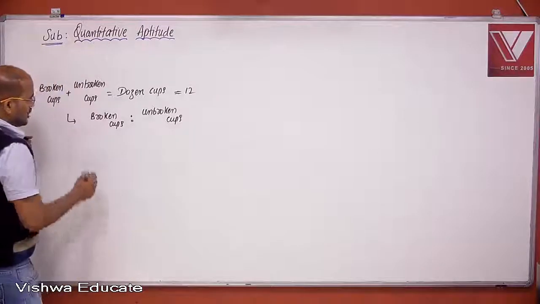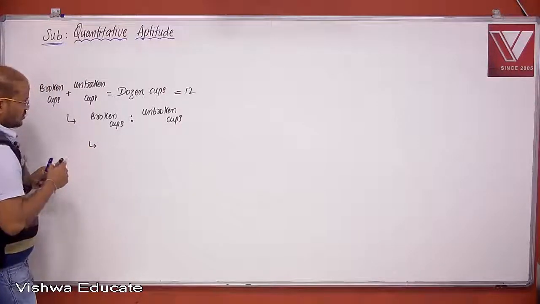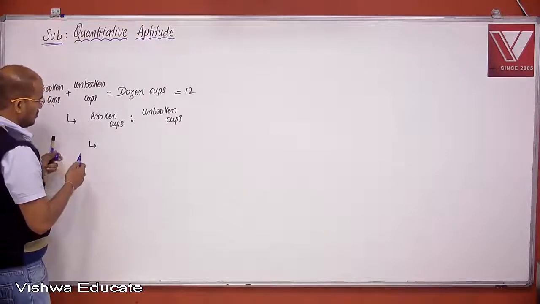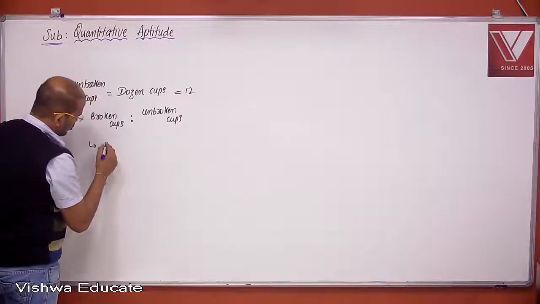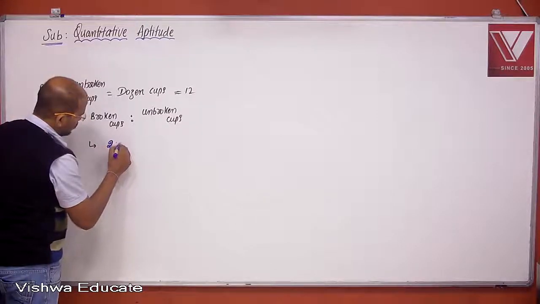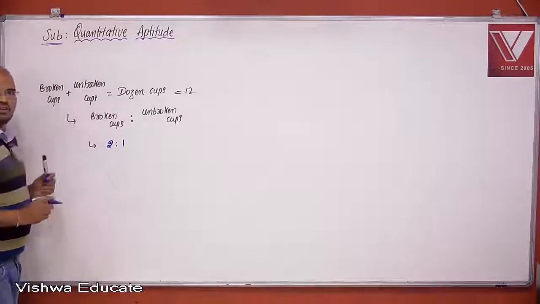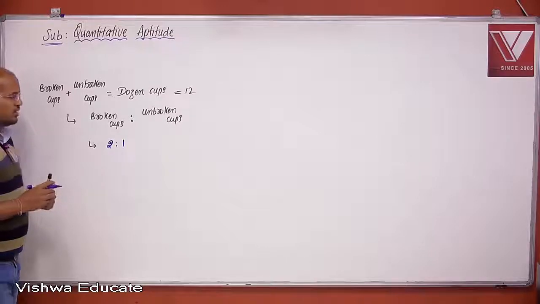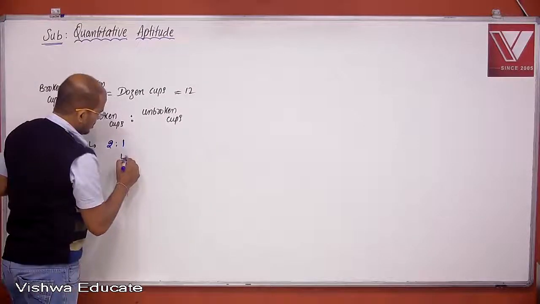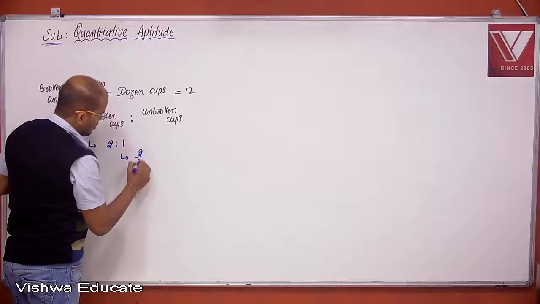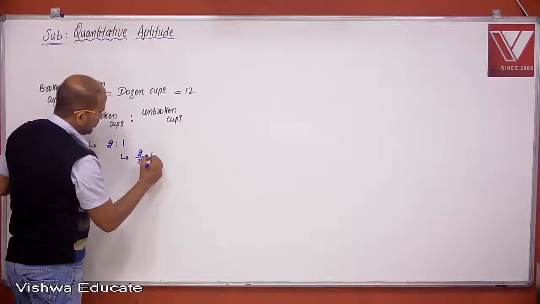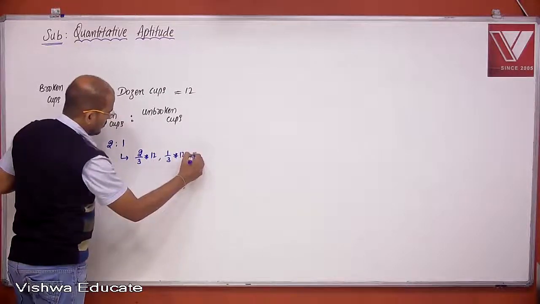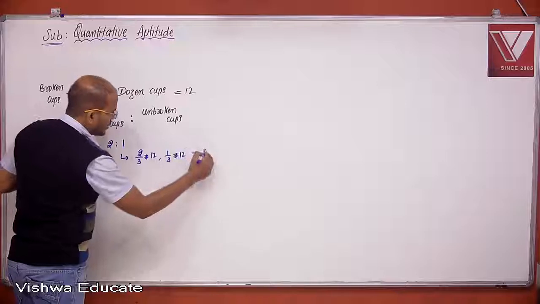Okay. So case one, assume that we have 2 is to 1. Is 2 is to 1 a valid ratio or not? So from this, I can say it as 2 by 3 into 12, comma 1 by 3 into 12, which would be 8 comma 4.